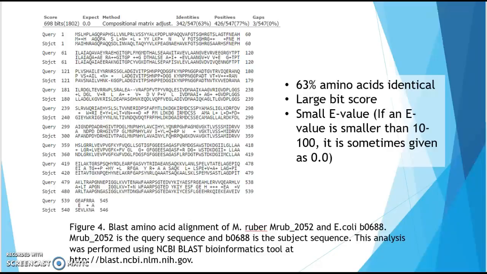If an e-value is smaller than 10 to the negative 100th, it sometimes is given by the symbol 0.0. So that means our e-value is very small. This is good because a very small e-value suggests that this sequence alignment and this sequence similarity is not due to chance. Rather, it's because they are very similar sequences.